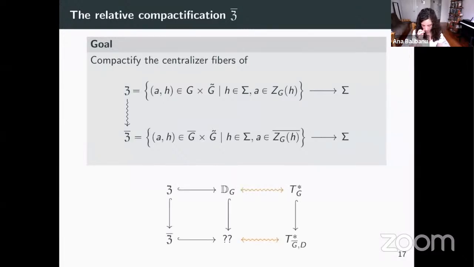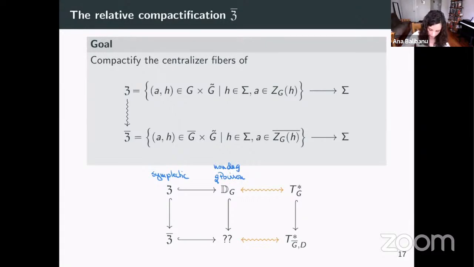So let me remind you of what the picture we've built so far looks like. I had this universal centralizer, which was symplectic. And it was sitting inside this double, which was non-degenerate in the sense of quasi-Poisson.